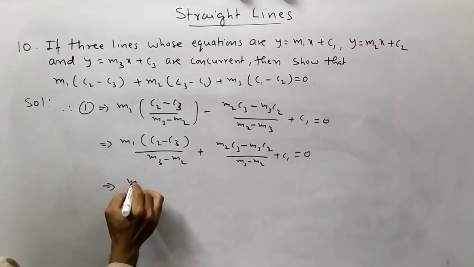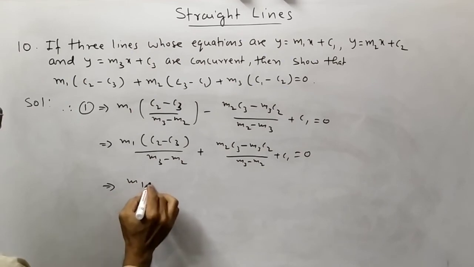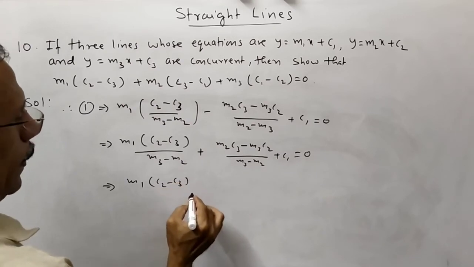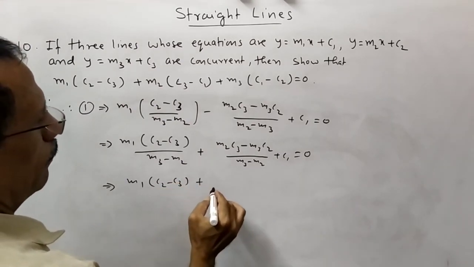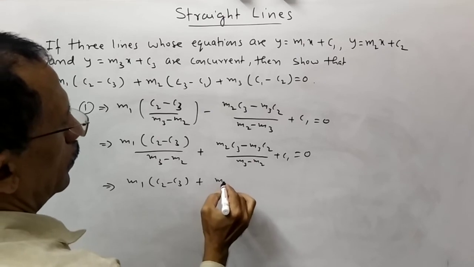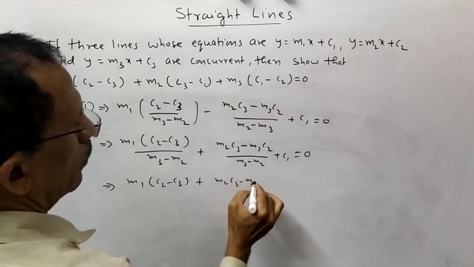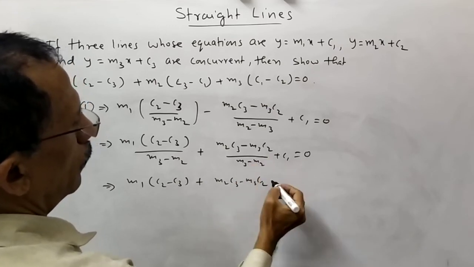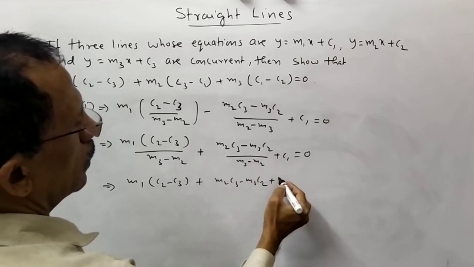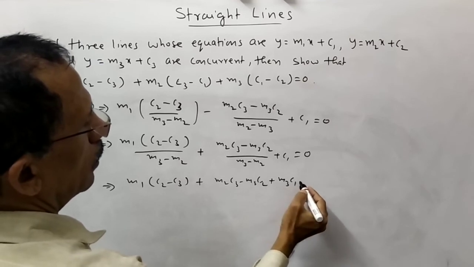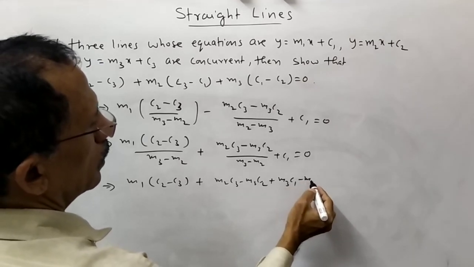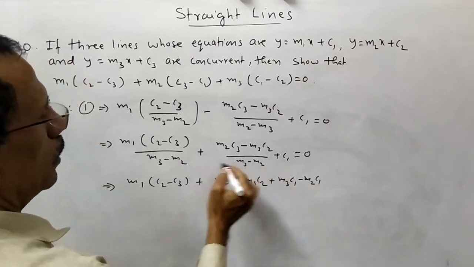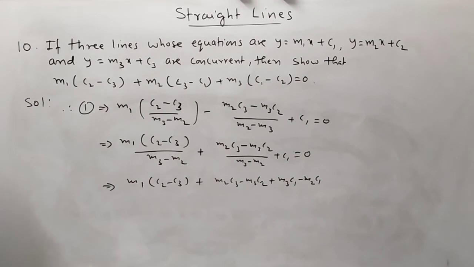This implies m1 into c2 minus c3 plus m2 c3 minus m3 c2 plus m3 c1 minus m2 c1 divided by m3 minus m2.